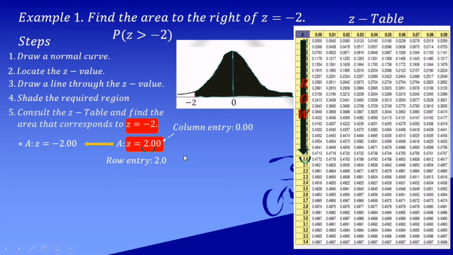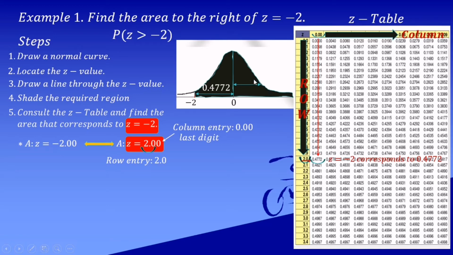And for our column entry, yung last digit natin sa 3-digit form, yan, 00. Then get the intersection of row and column. So, yan ang ating z is equal to negative 2 corresponds to 0.4772. Yan ang ating area from 0 to negative 2.